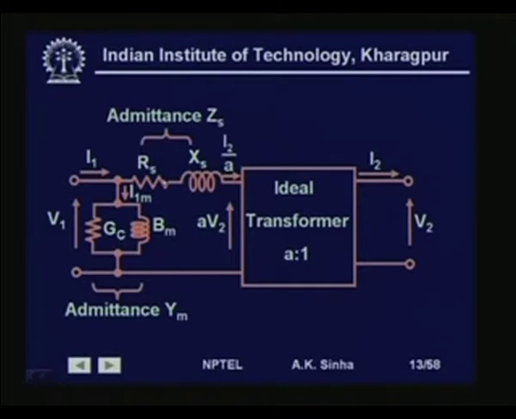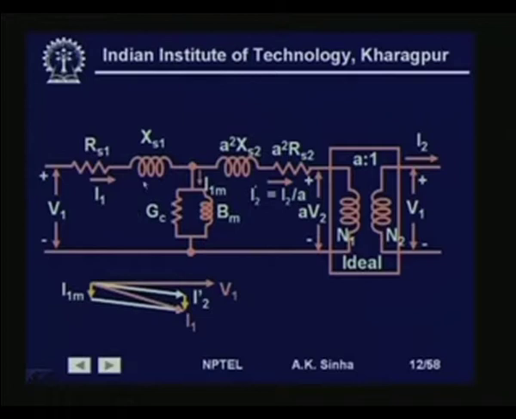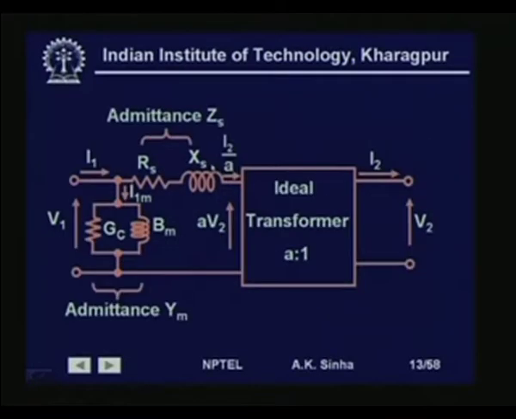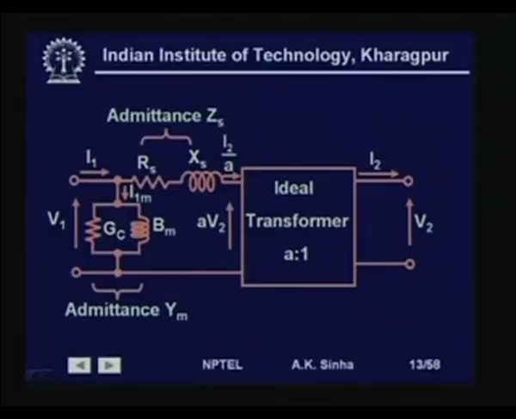So, we have shifted this here, and then we have combined these two resistances and reactances which come in series, and therefore, we have got finally a simplified model like this for the transformer, and this is the mathematical model or the circuit model for a practical transformer.